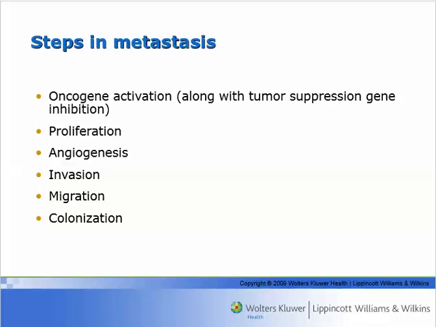On page 172 in the textbook, there's an interesting talk about this, where they call it the seed versus soil theory of metastasis. Some of these migrating cells, some of these cells that are passed in the blood, they're really the seeds of new cancer.